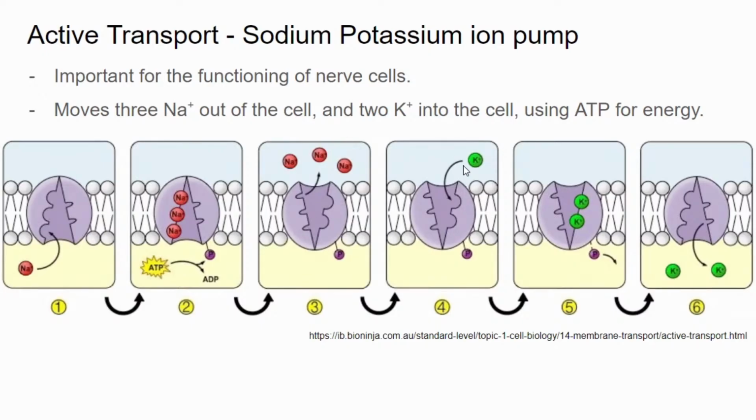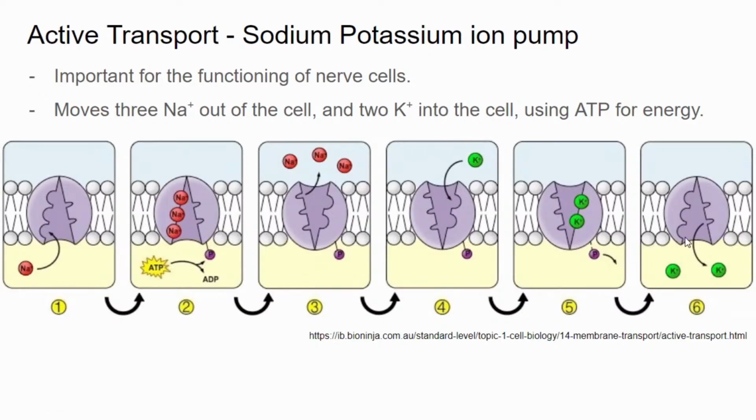Our pump is now open to the outside of the cell where we see potassium ions. So our potassium ions are now able to come in and bind to potassium-specific sites on the inside of our carrier protein. Once our potassium ion spots are full, our phosphate group is able to detach from the pump, which causes our pump to return to its original shape.